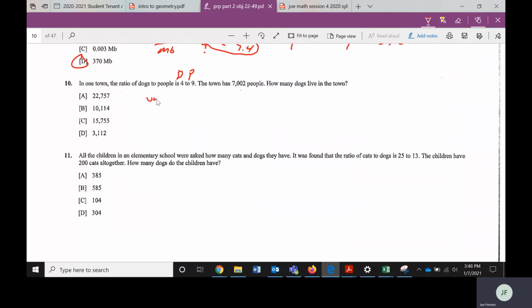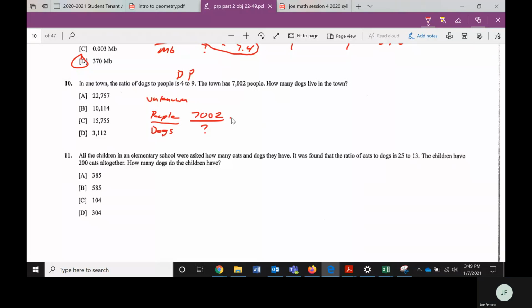So the unknown, it talks about if there's 7,002 people, how many dogs? So people is 7,002. We don't know the dogs.